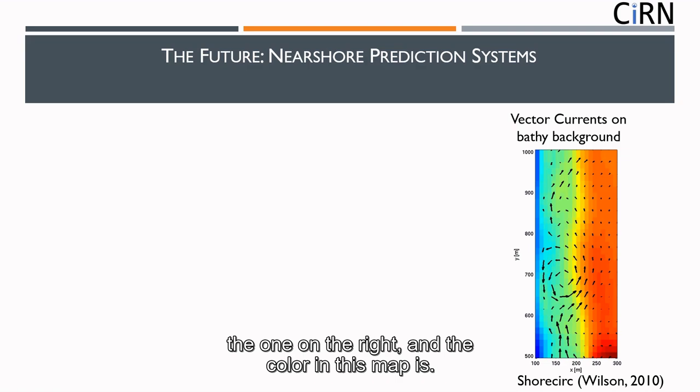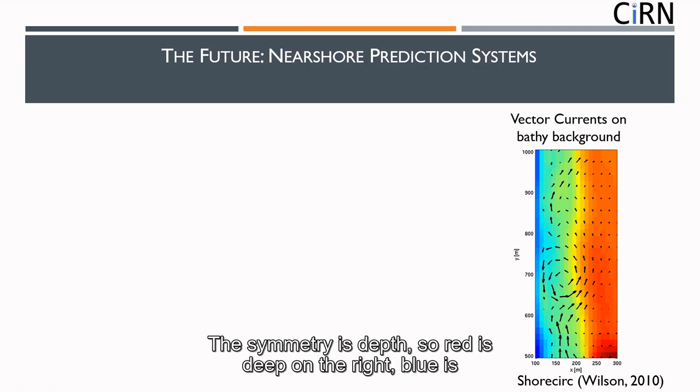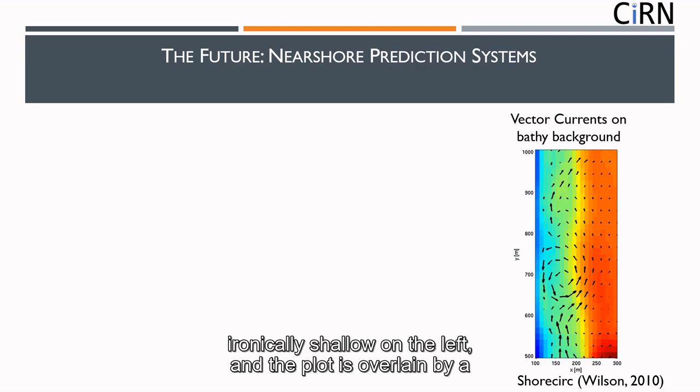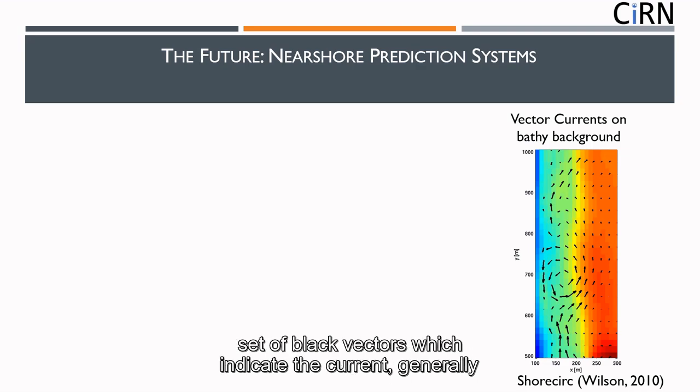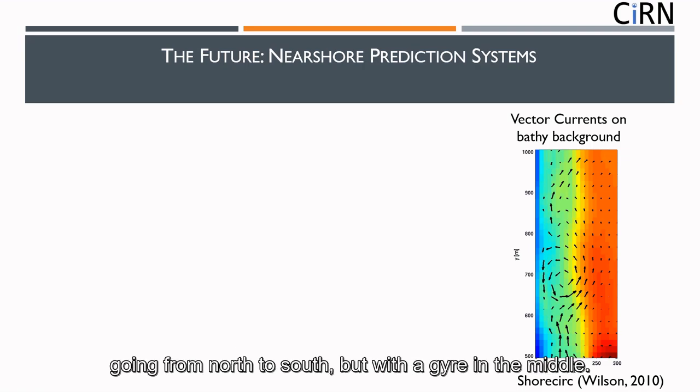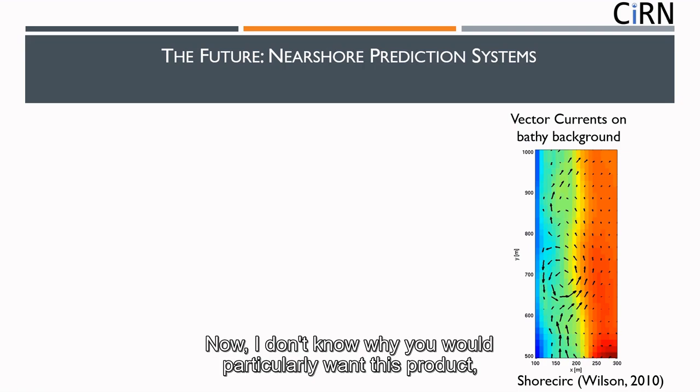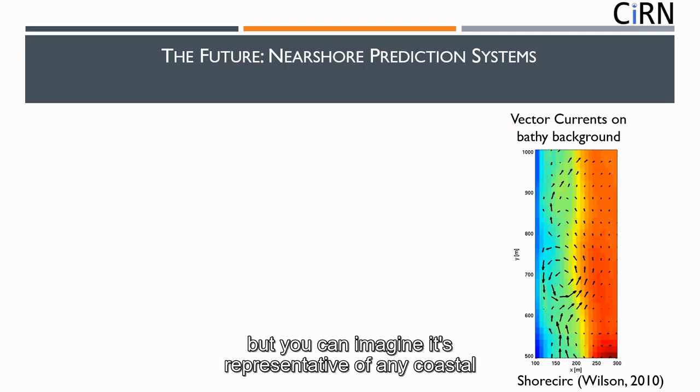And the color in this map is bathymetry, is depth. So red is deep on the right, blue is, ironically, shallow on the left. And the plot is overlain by a set of black vectors which indicate the current generally going from north to south, but with a gyre in the middle. Now, I don't know why you would particularly want this product, but you can imagine it's representative of any coastal prediction that coastal engineers or coastal zone managers would need.